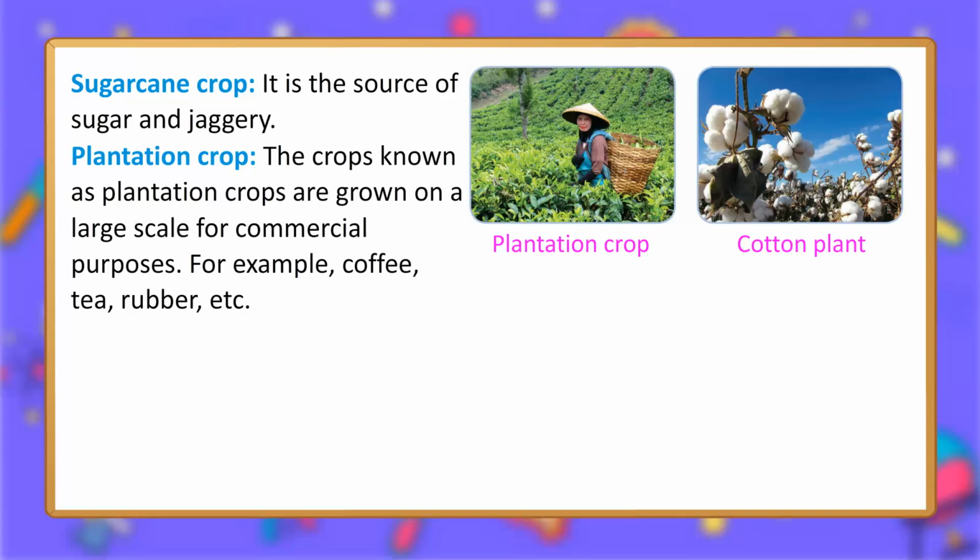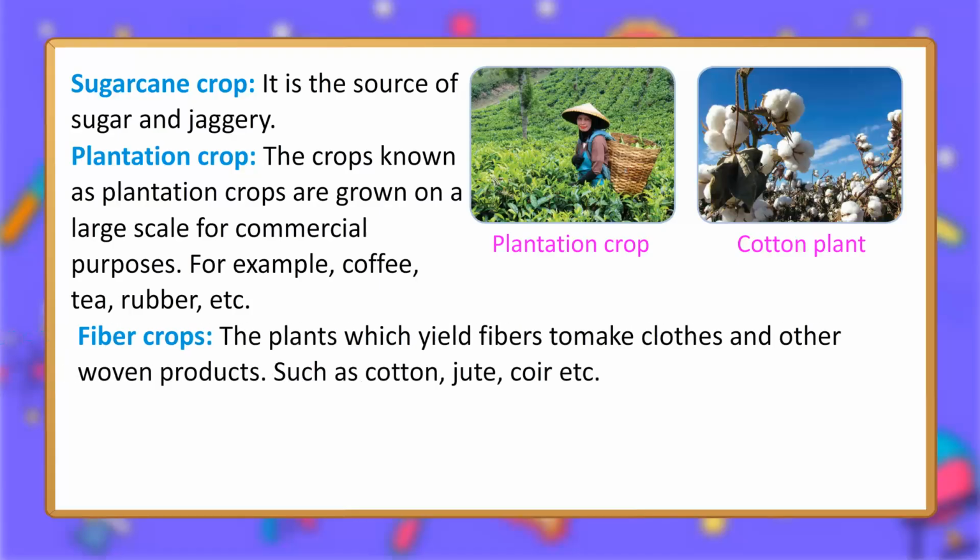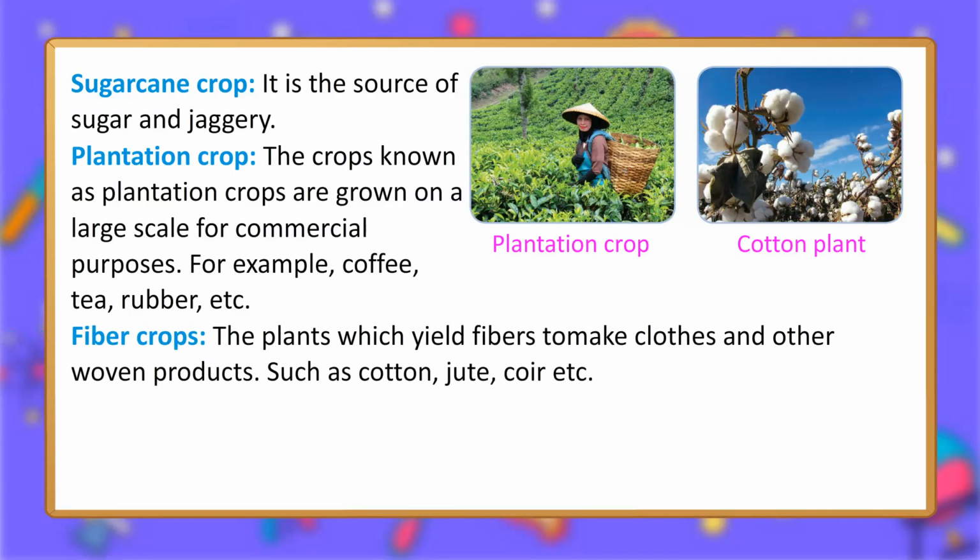Plantation crops are grown on a large scale for commercial purposes, for example, coffee, tea, rubber, etc. Fiber crops are the plants which yield fibers to make clothes and other woven products, such as cotton, jute, coir, etc. Plantation crop. Cotton plant.